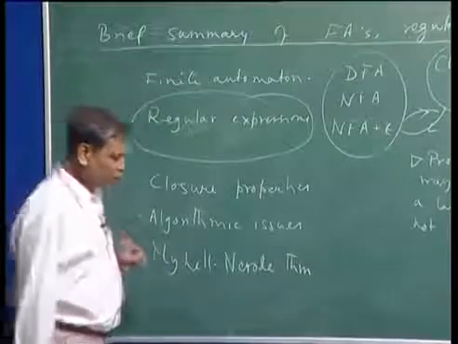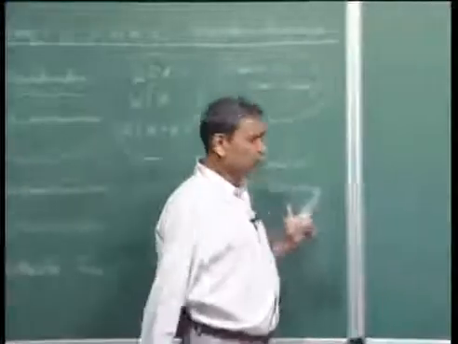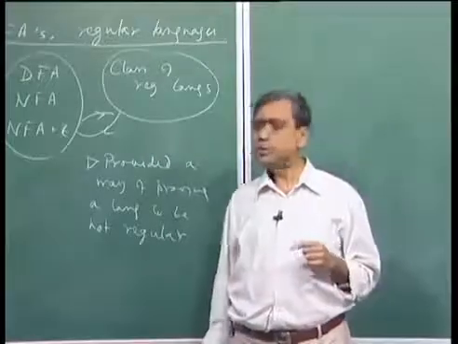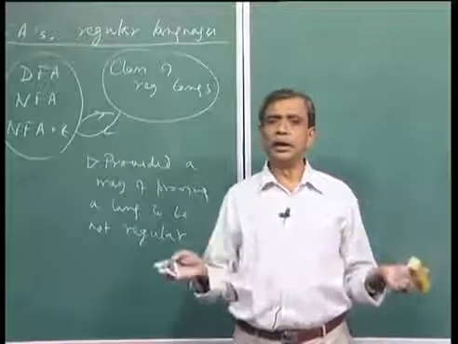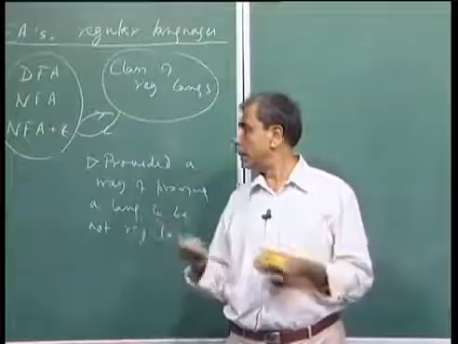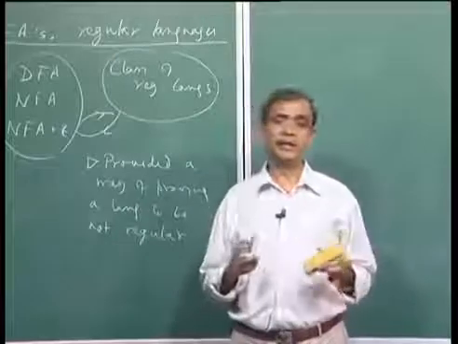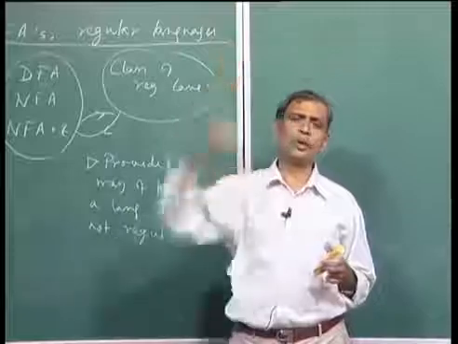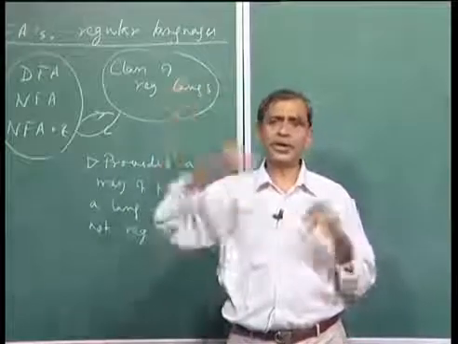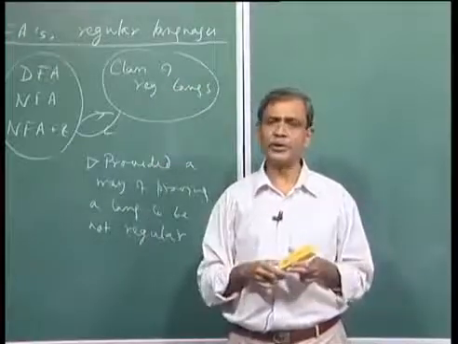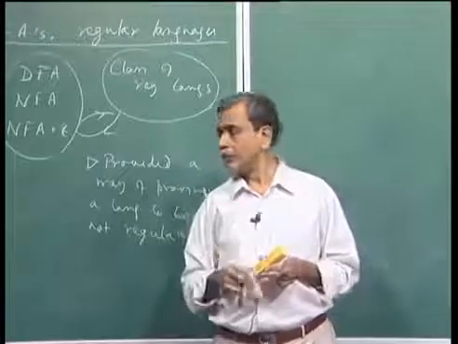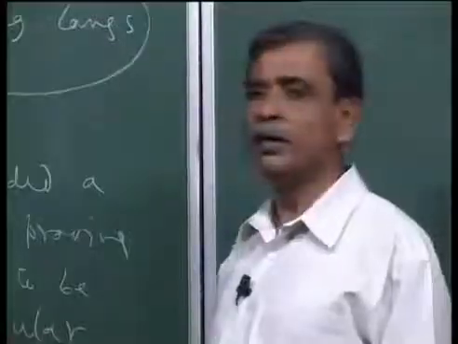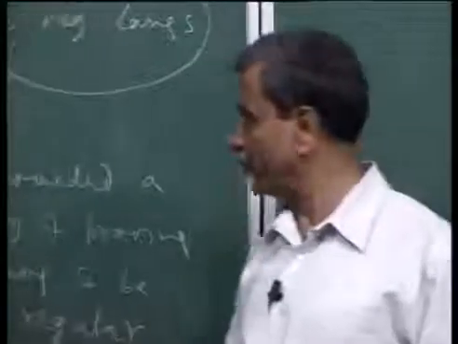I should mention that no such efficient algorithm is known to minimize the states of an NFA. Of course, you might say, why don't you go from the NFA to a DFA, but that process itself in general can be exponential time. So, we do not know of any efficient method of minimizing states of NFAs.